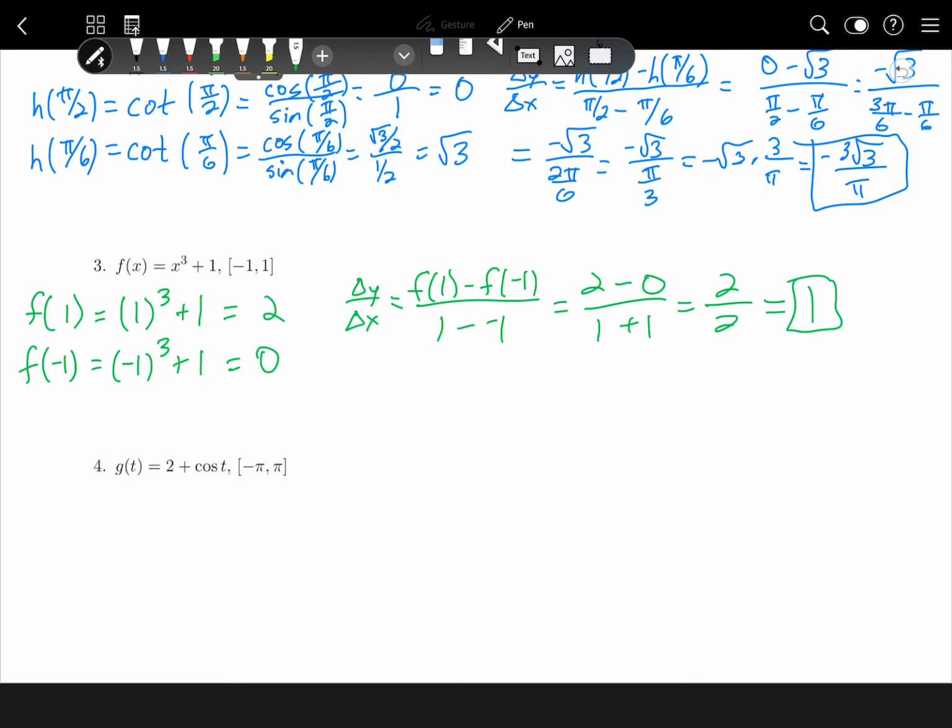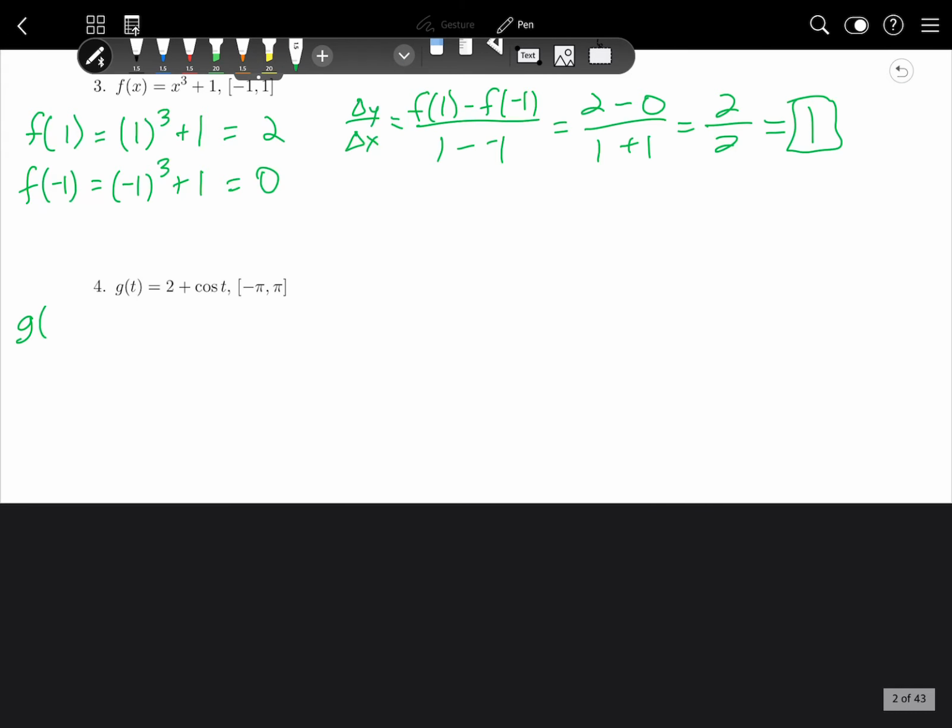And then for the last one, same idea. So find g of pi and g of the opposite of pi. So that would be 2 plus the cosine of pi and 2 plus the cosine of negative pi. So the cosine of pi is negative 1. So it would be 2 plus negative 1.